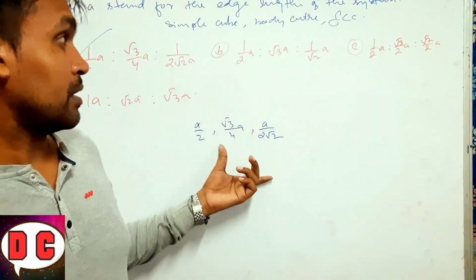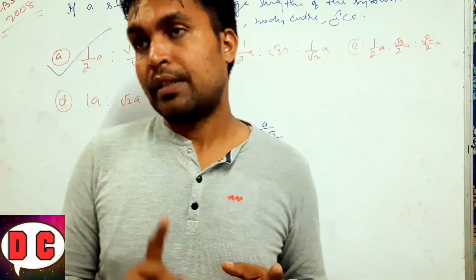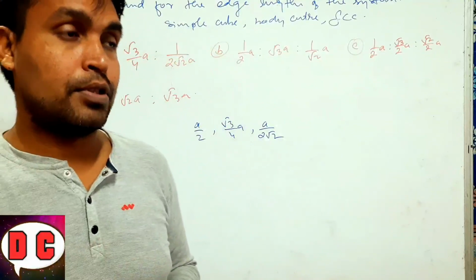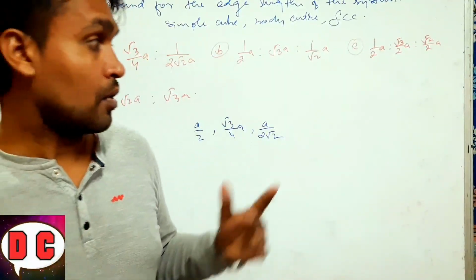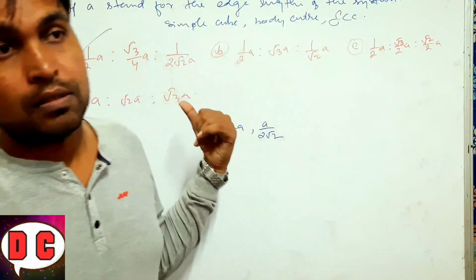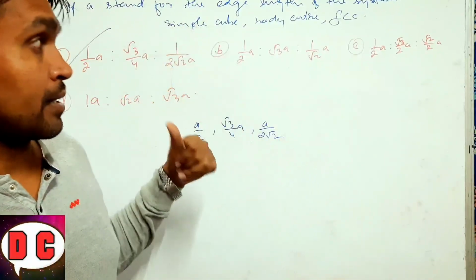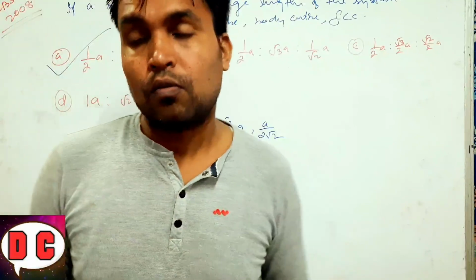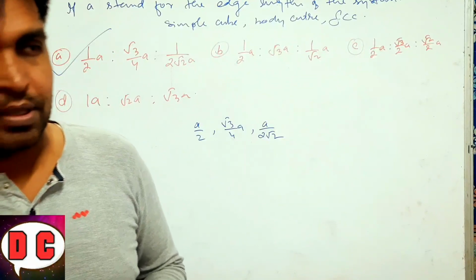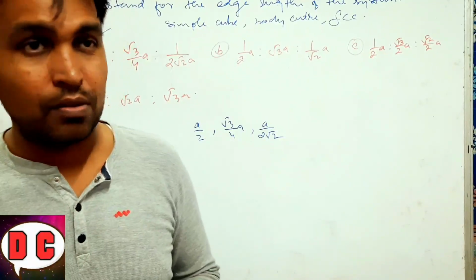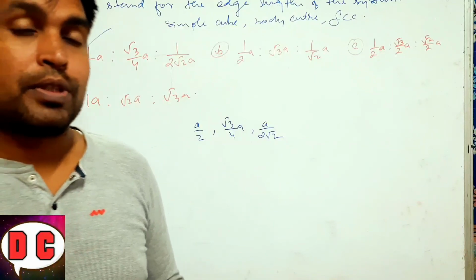The last topic we discussed is relations between edge length, radius and diameter of spheres in unit cells. And we have done 2 NEET related questions which were asked in previous years on this topic. In the next class we will be discussing coordination number and all those things, and then we will be discussing the numerical problems.